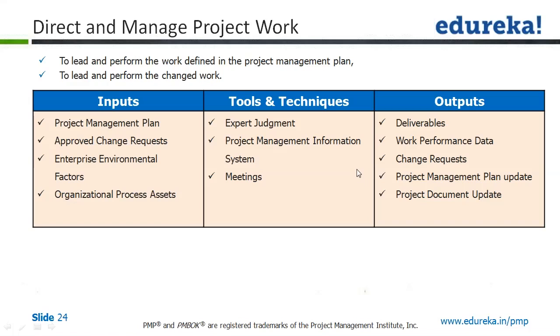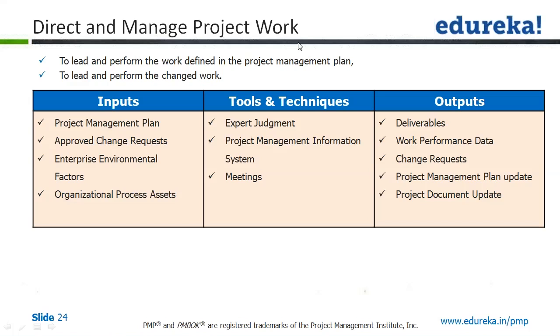So I will move forward now with the next process, which is direct and manage project work. Again, remember the tip which I shared with you: before you start looking into the inputs, remember the output of the previous process.